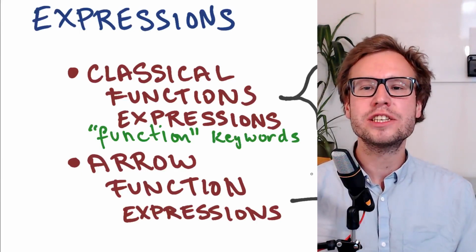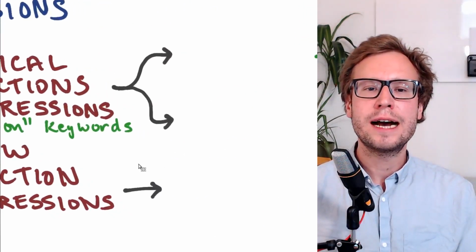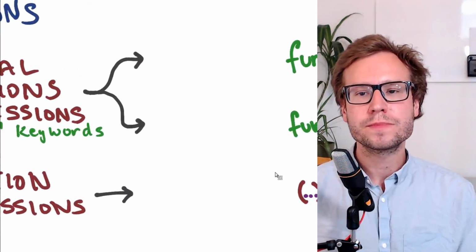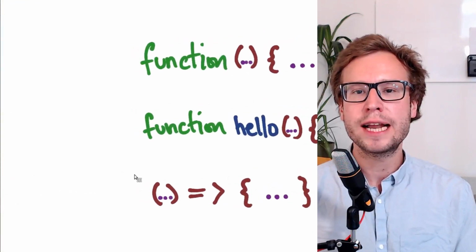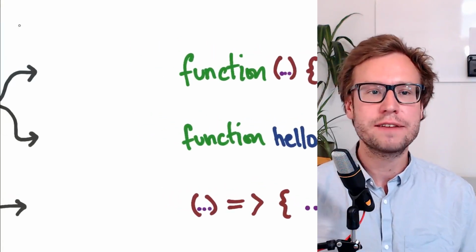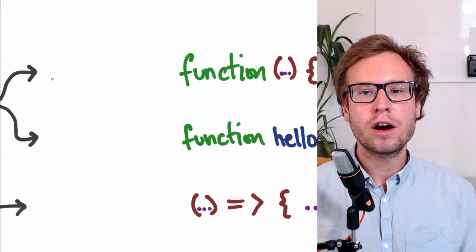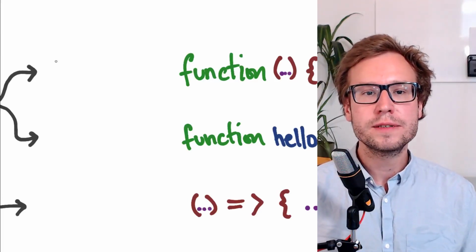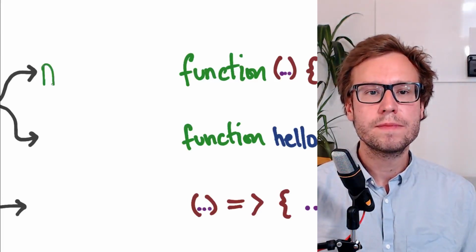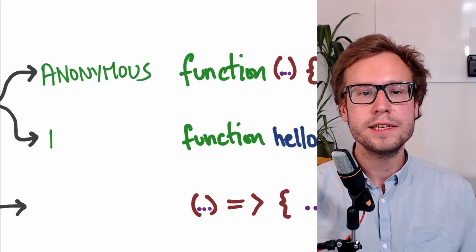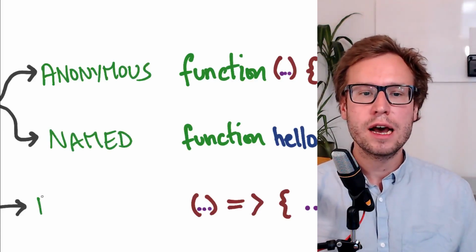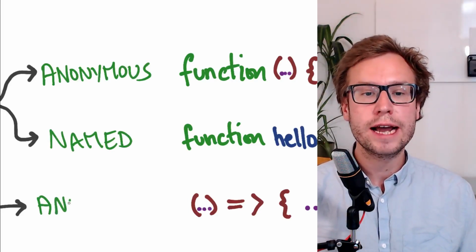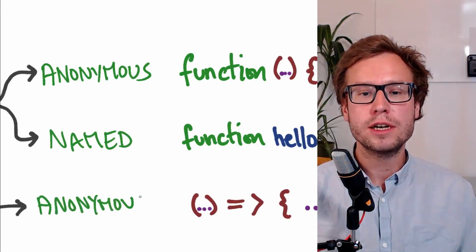Now, if we want to dig a little bit deeper in this classification, we will find there are actually multiple variants. Classical functions have two variants specifically: the anonymous and the named function expressions, whereas arrow functions are always anonymous.